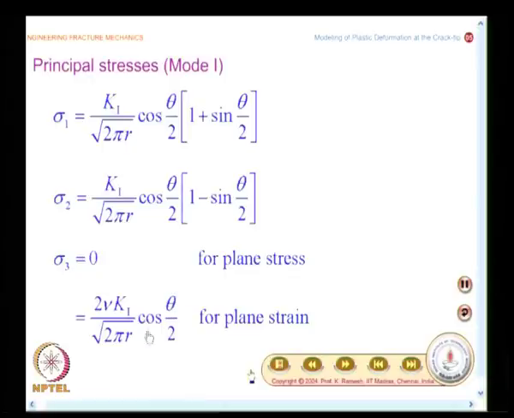When theta equal to 0, you can find out when nu equal to 0.5, it will be same as your sigma 1 and sigma 2 here, and this explains the triaxial situation near the crack tip. We had seen it pictorially earlier, now we are looking at it mathematically.